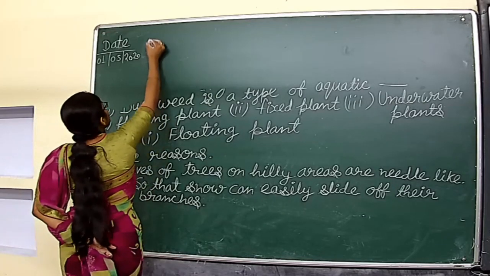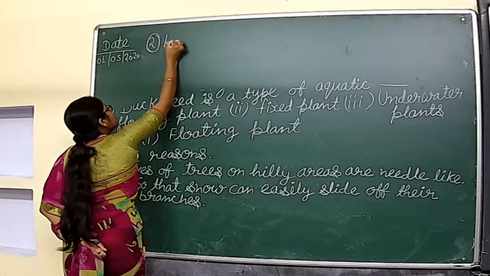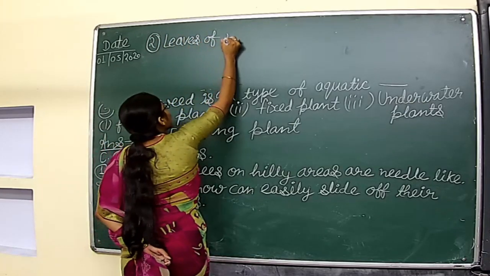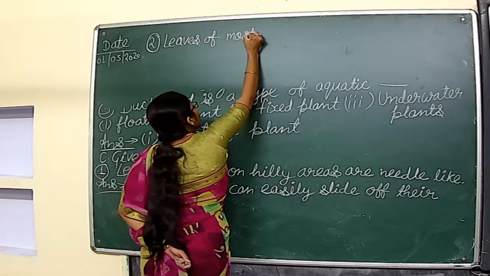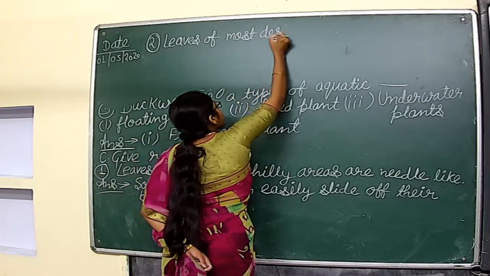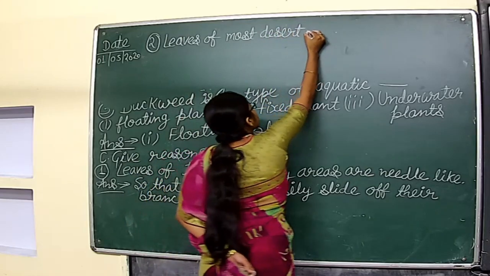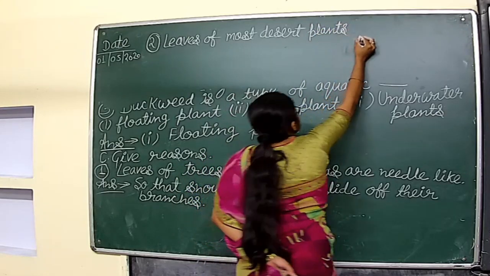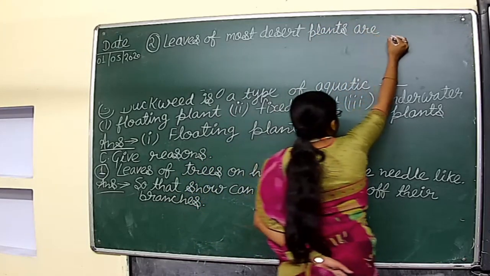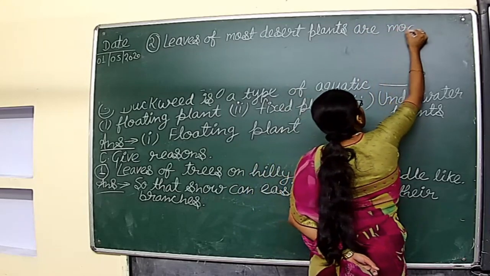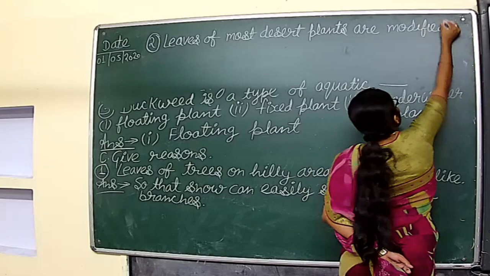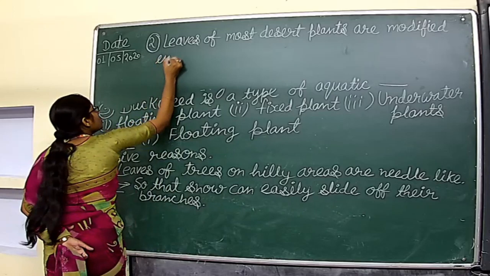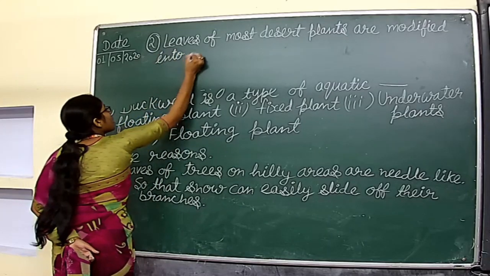Leaves of most desert plants are modified into spines.